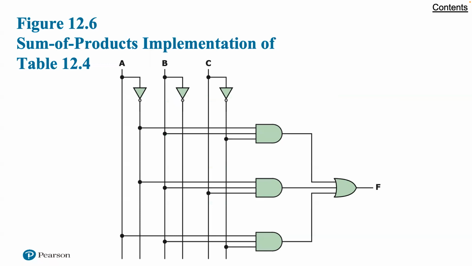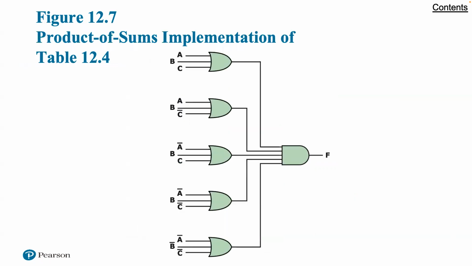Figure 12.6 shows a straightforward implementation with AND, OR, and NOT gates. And so this is where we start to look at if we're going to create this kind of programming, if you will. This is what the outputs would look like. Another form can be derived from the truth table.